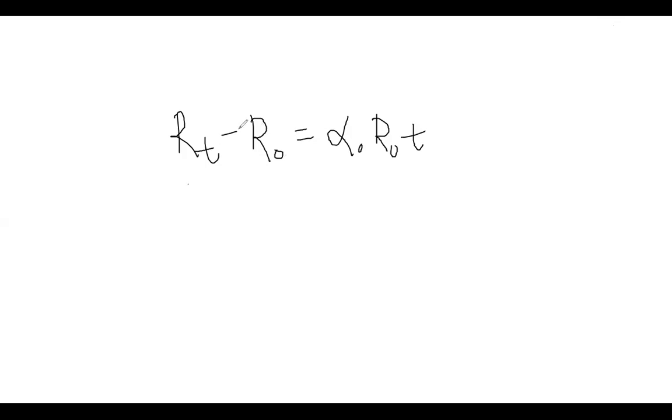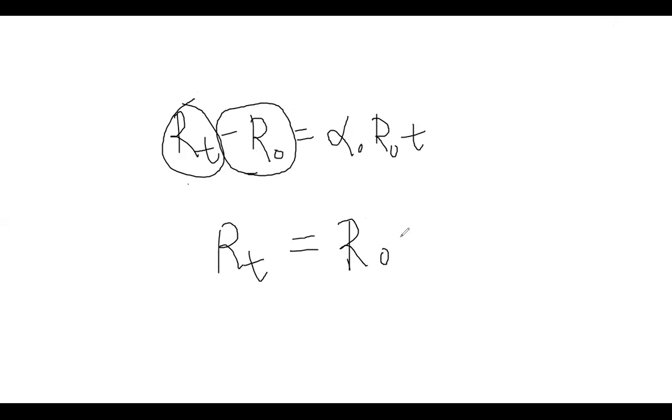If you want to identify RT, we just shift this to the other side of the equal sign. So RT is equal to R0 plus alpha 0 R0 into T.